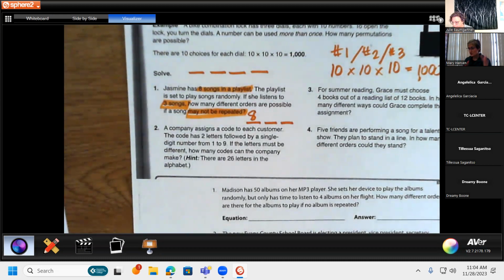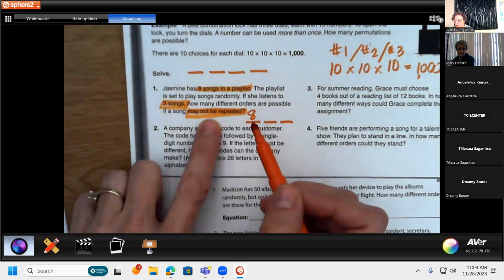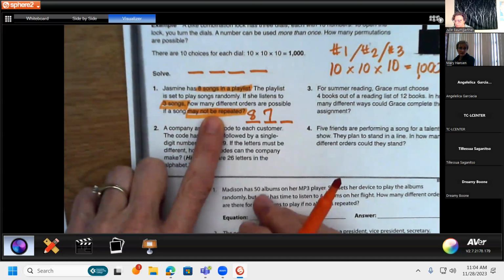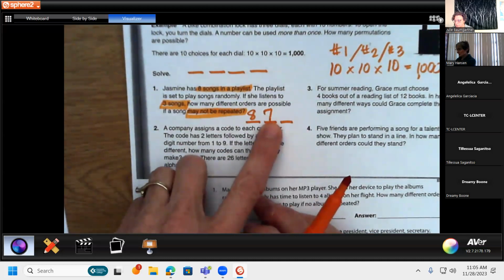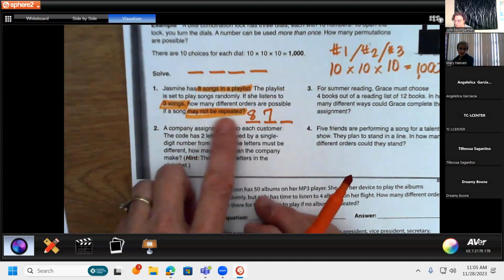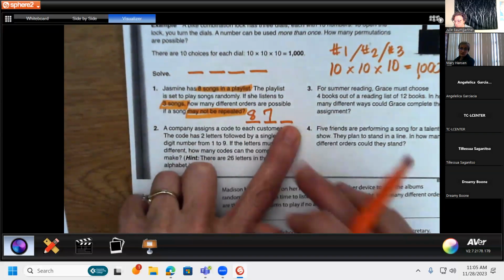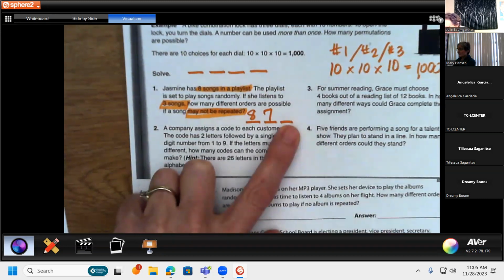Once she's had the first song and we move to the second song, how many choices are there for the second song? There's only 7 because there's no repeats. If we could repeat a song, then there would still be 8 choices, but there's not because we cannot repeat. And then for the third song, we've already had 2 songs played, so those 2 songs cannot be played again.